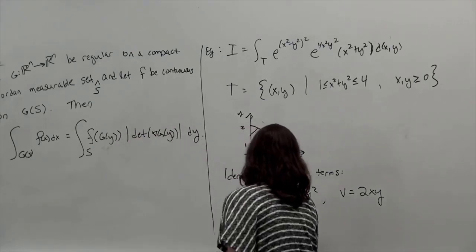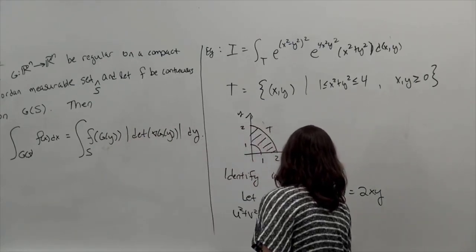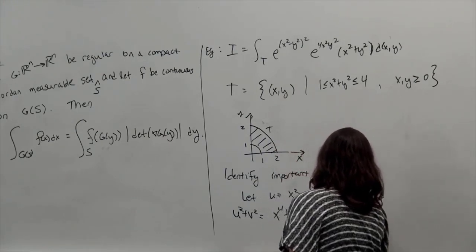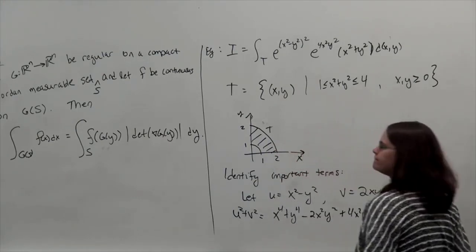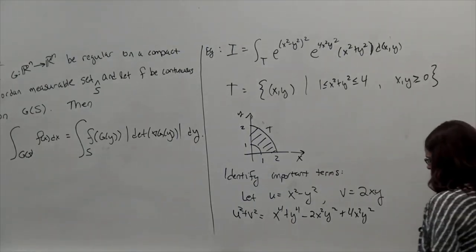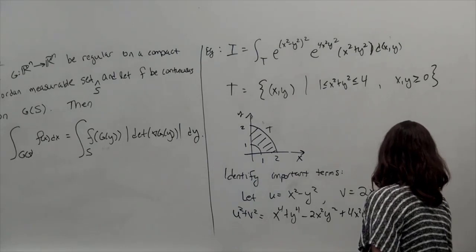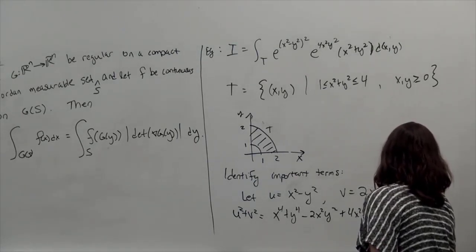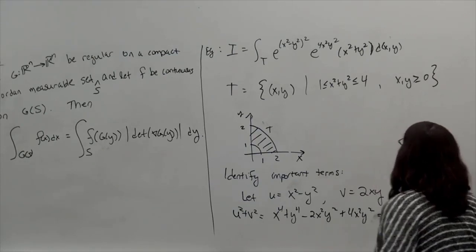I get x to the 4th plus y to the 4th minus 2x squared y squared plus 4x squared y squared. And that looks factorable. x squared plus y squared, all squared.